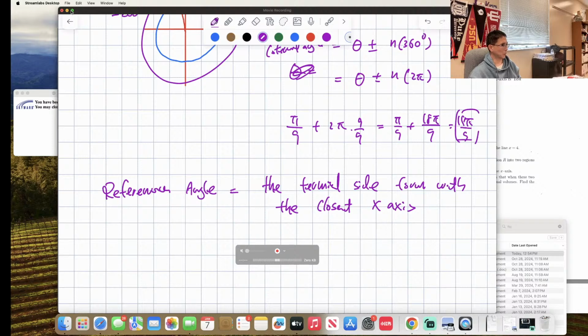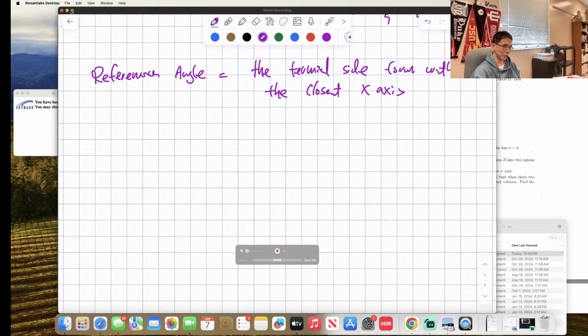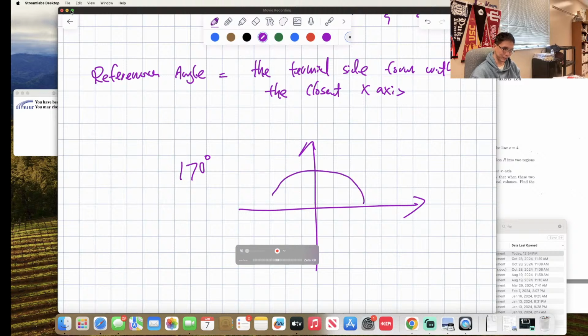And you're going to be like, what is this? Well, let's think about it. Let's say 170 degrees. Where's 170 degrees? If I draw it, where would it be at? Right before 180, right? It's going to be right here. Does that make sense? So that's 170 degrees. Now the reference angle is right here, formed with the closest x-axis.